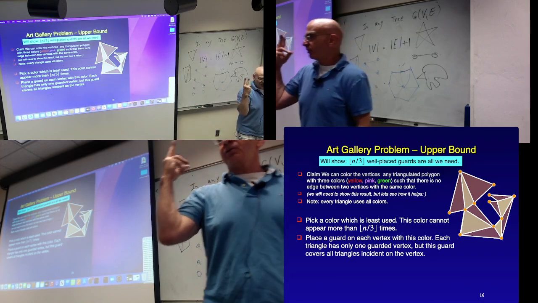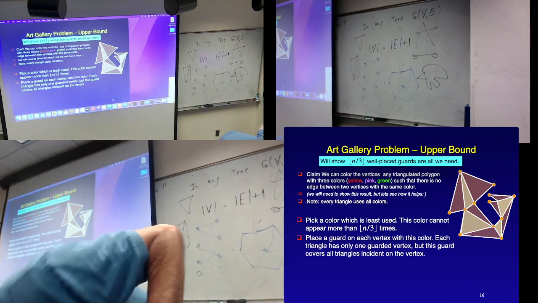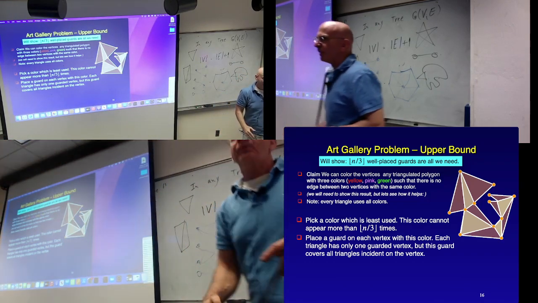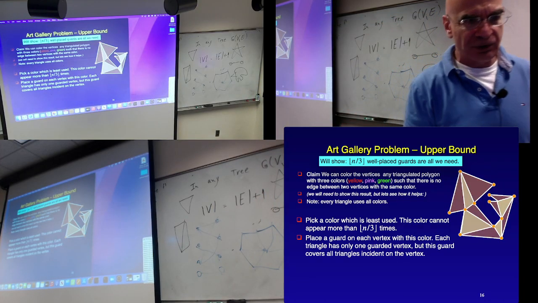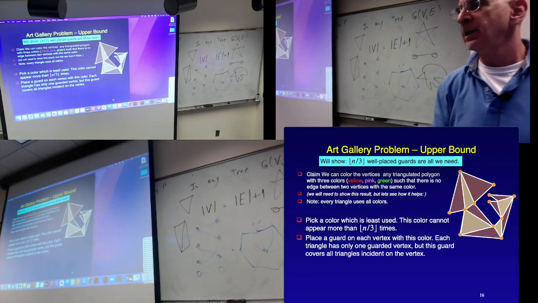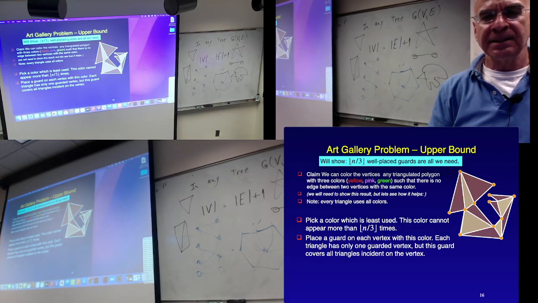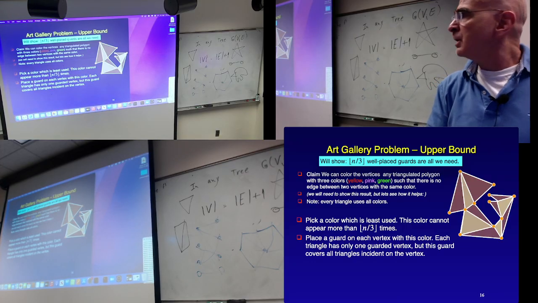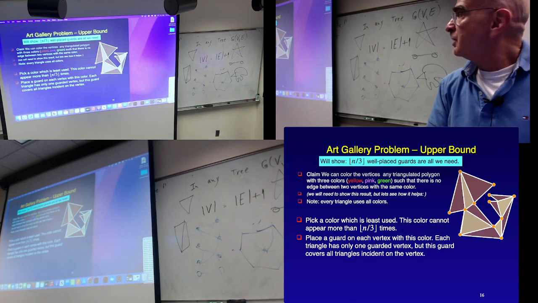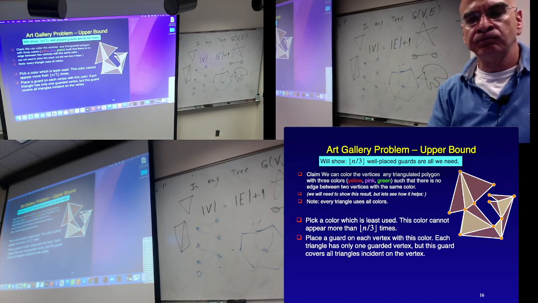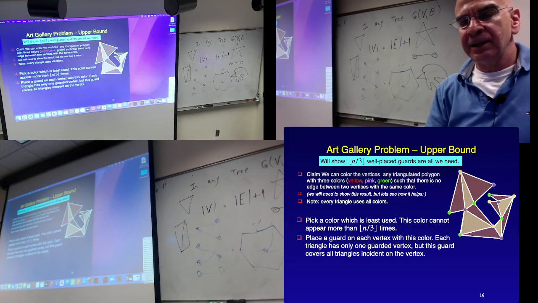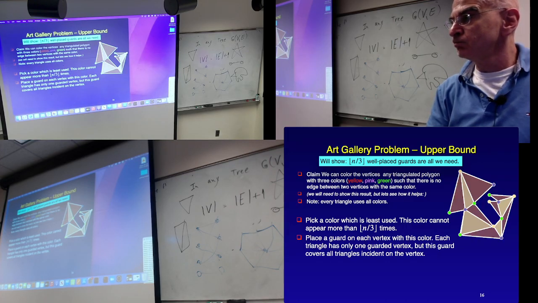So the theorem wants to show that you can look at all these triangles, and you have 3 colors. Some of you are familiar with 4 colors, something about painting maps. That's a similar theorem. Look at this polygon and you have 3 colors. Look at all these triangles. I can assign a color to each vertex.